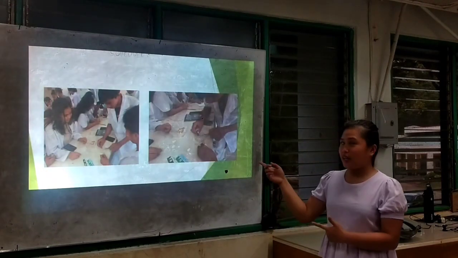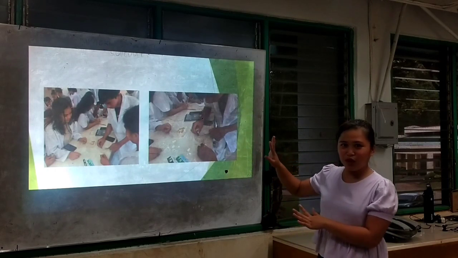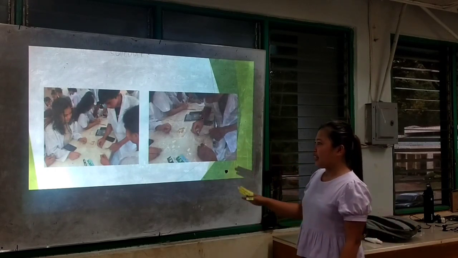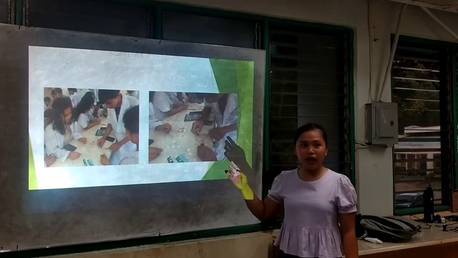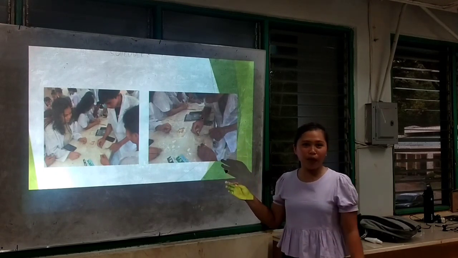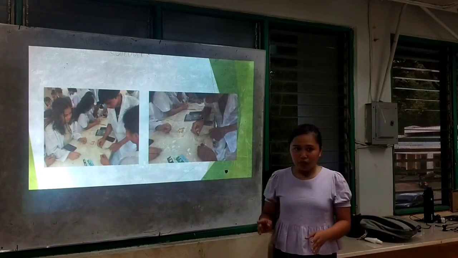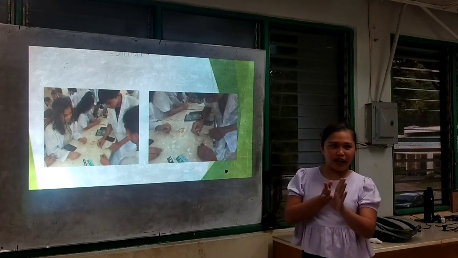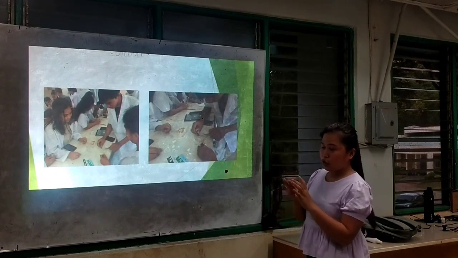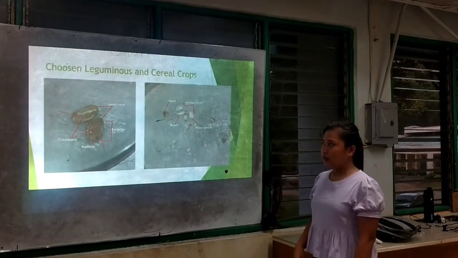As shown on the projector in the picture, we dissected the seeds and determined the parts of the seed.